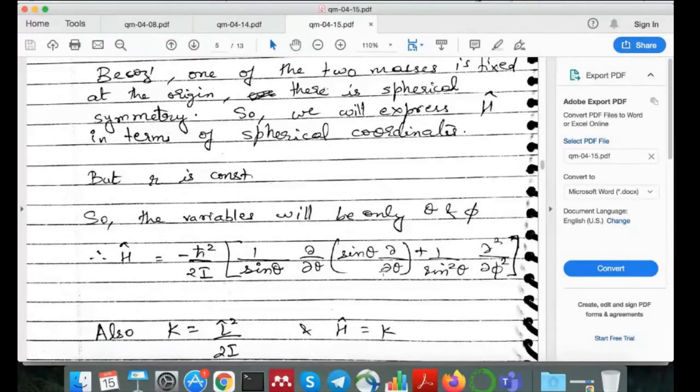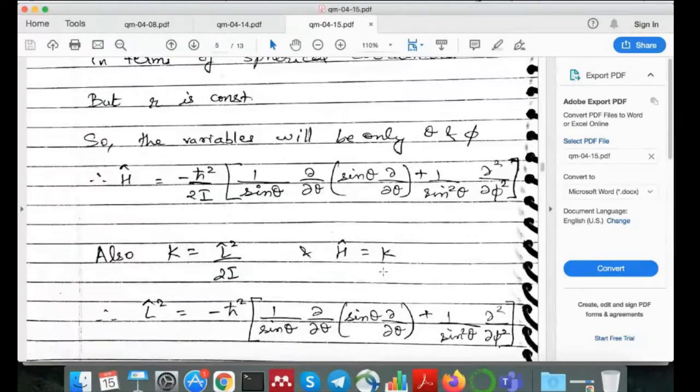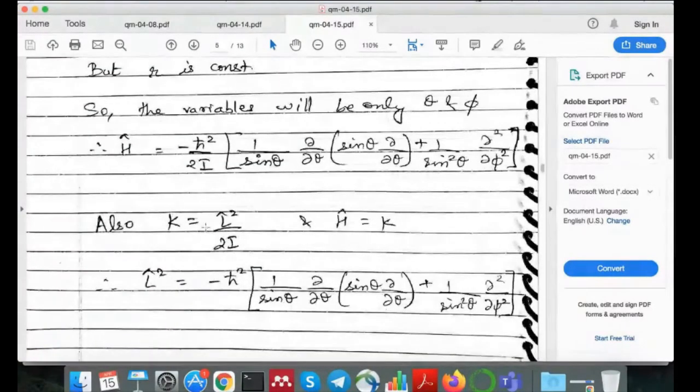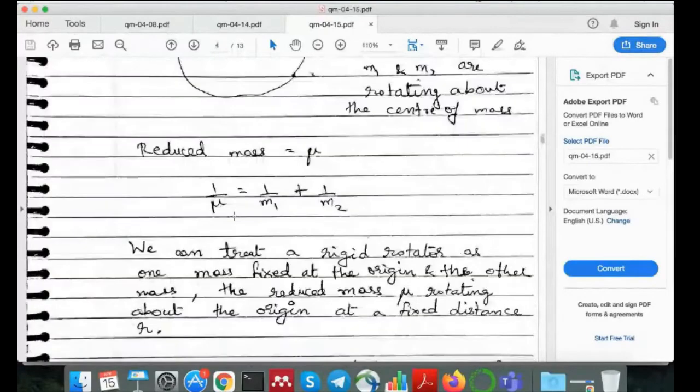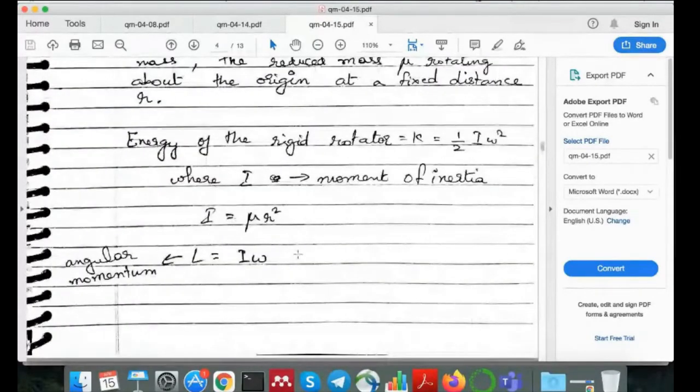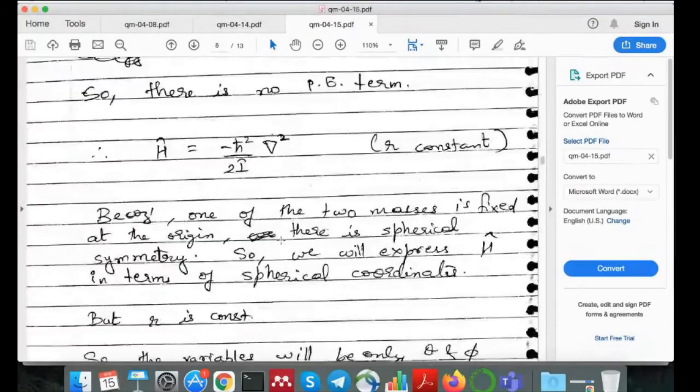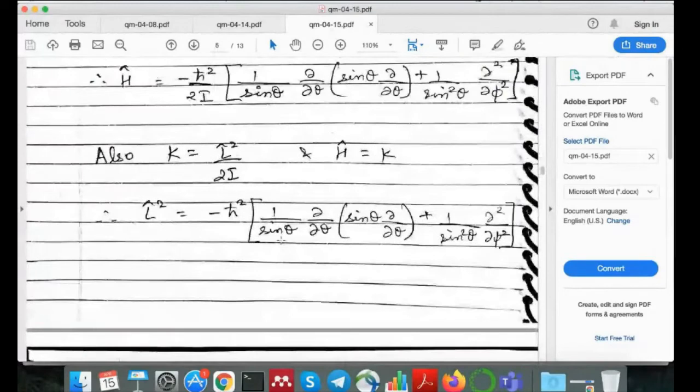And second thing, you also know that kinetic energy can be written as L square by 2I, because L is equal to I omega and K is equal to half I omega square. If you combine these two, you will see that K can be written as L square by 2I.